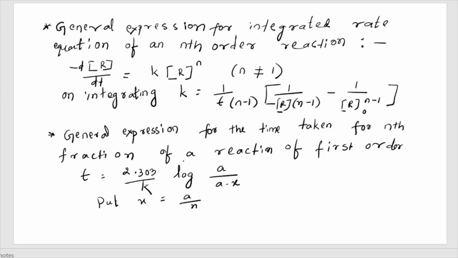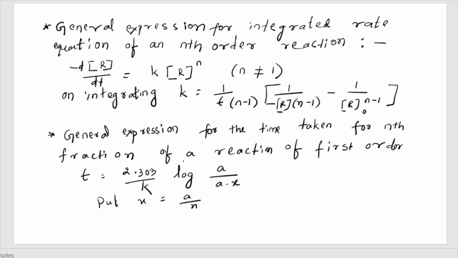So what is the general expression for the rate equation of an nth order? You know zero order, first order, second order in the introduction part 1, and part 2 also. When you read properly from part 1 to part 3, you will find zero order, first order, second and third order.